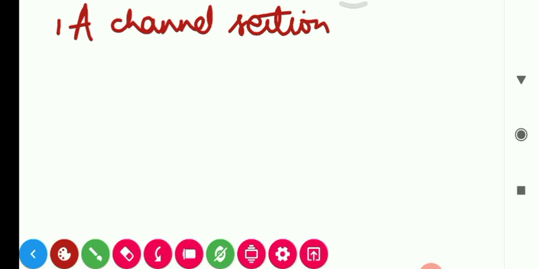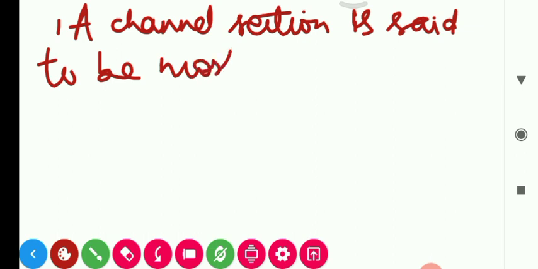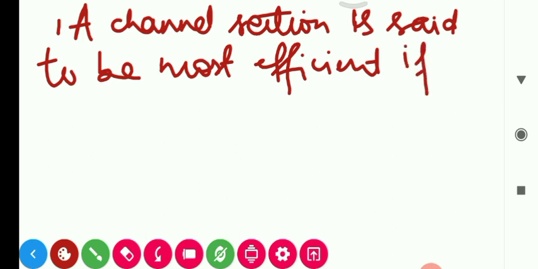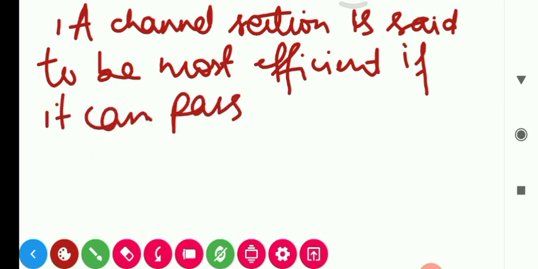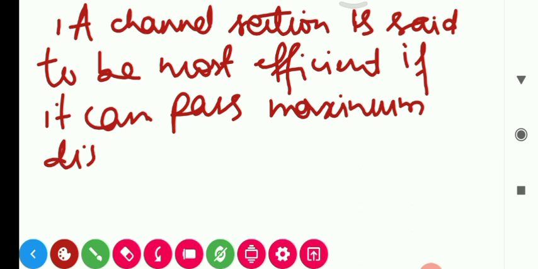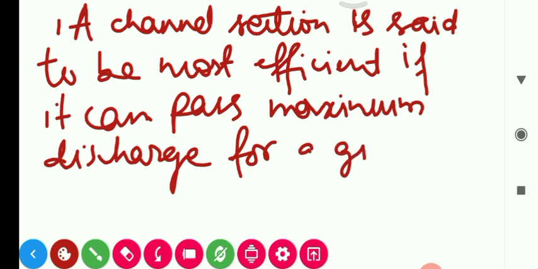A channel section is said to be most efficient if it can pass maximum discharge for a given cross section.